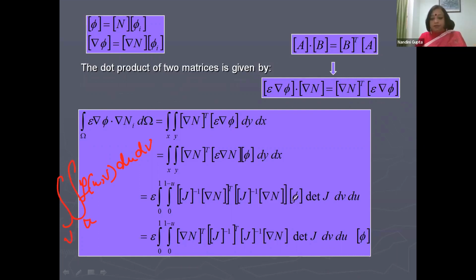Okay, I'll do that. So your f(u,v) is this entire thing, which is not a problem. You can figure out what degree it is, what order it is, and you can choose your n-point Gauss quadrature. But do you see a problem here?